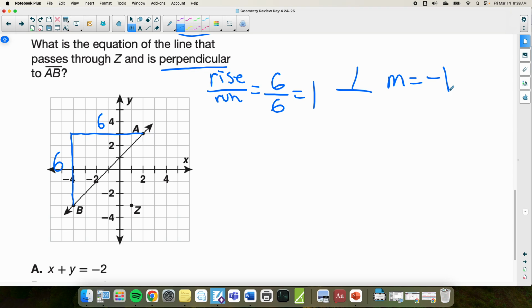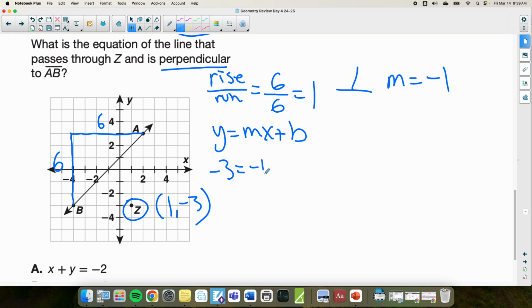And then we do know a point. We want it to pass through Z, which is (1, -3). So if we know a point and we know the slope, we can put it in y equals mx plus b. The y value is -3.